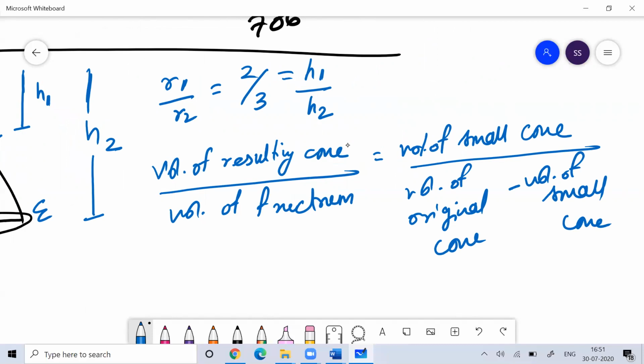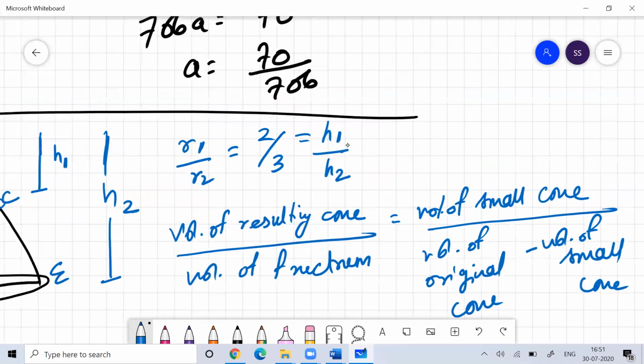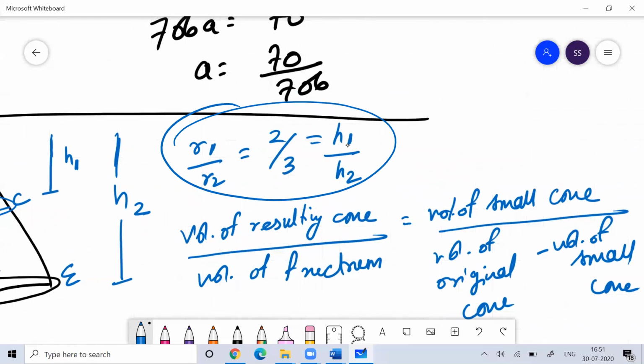Now, one more thing you need to understand: they are in ratio 2:3. So the ratio of the smaller cone with respect to the larger cone is 2:3. The area ratio would be 4:9.